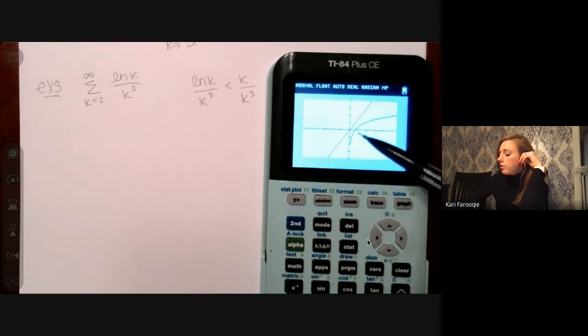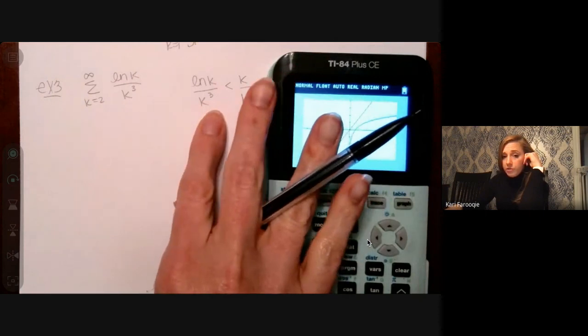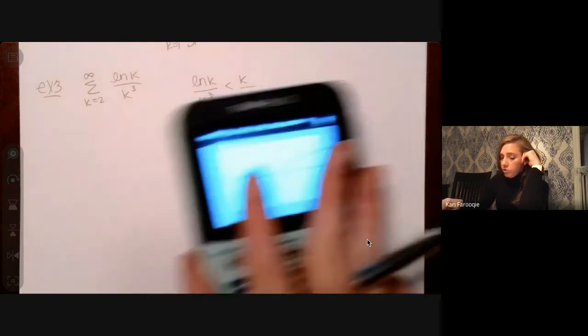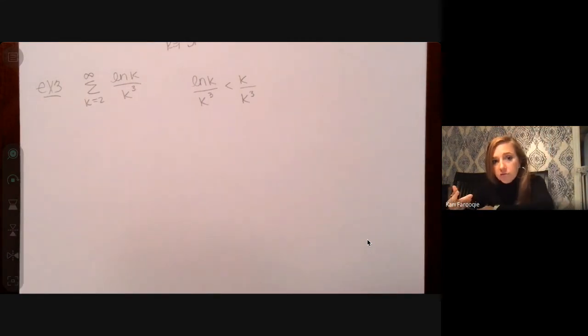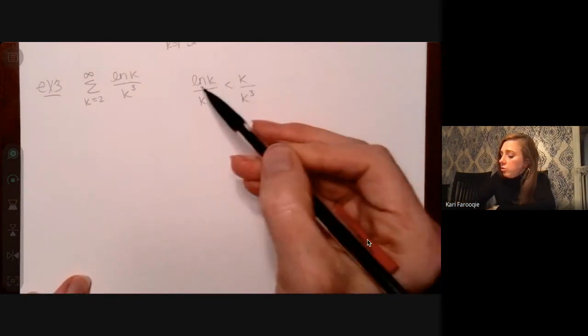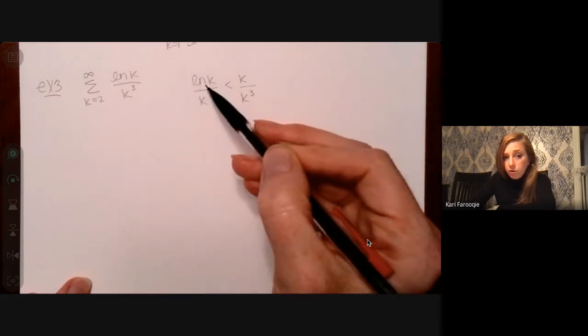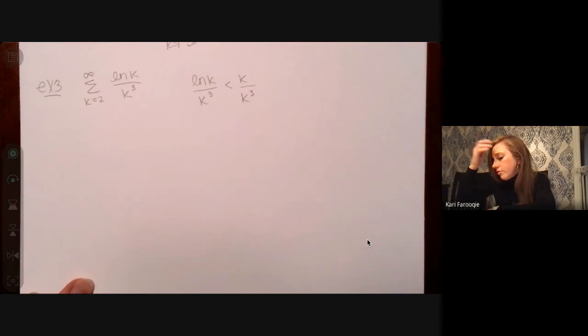No matter what, this function is always on top. That means it's a greater value, and this inequality holds true because of that. So this might be one of those tools that you keep in your back pocket for thinking about the natural log by comparing it to x. If you're trying to make some sort of comparison, you can always use the fact that the natural log of x is less than x, or the natural log of k is less than k in this instance.